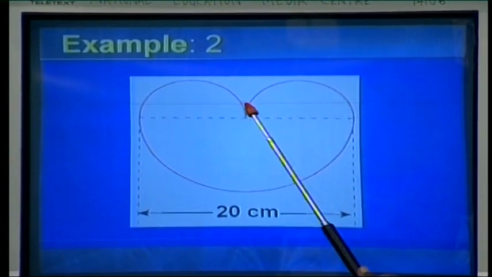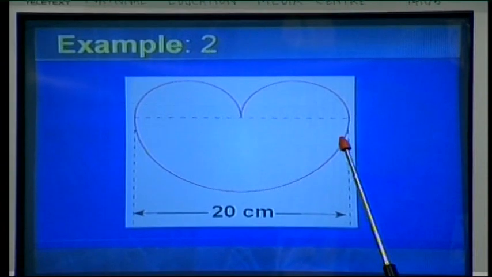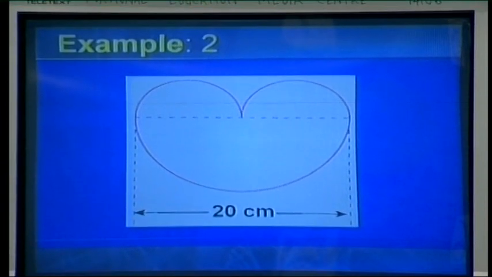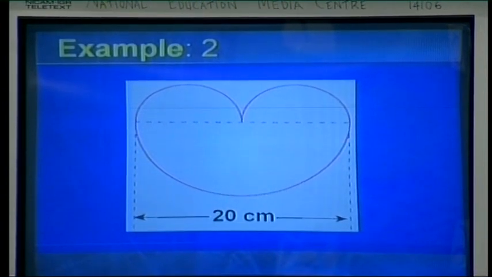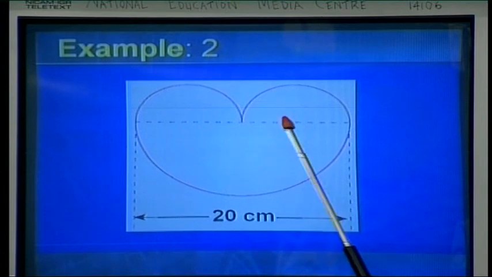How about these two? We know the semicircle here contains 20 centimeter as its diameter. How about the other two at the top? Okay, Emmanuel? 10 centimeter. Very good. Half of this 20 centimeter has been divided into these two semicircles here.